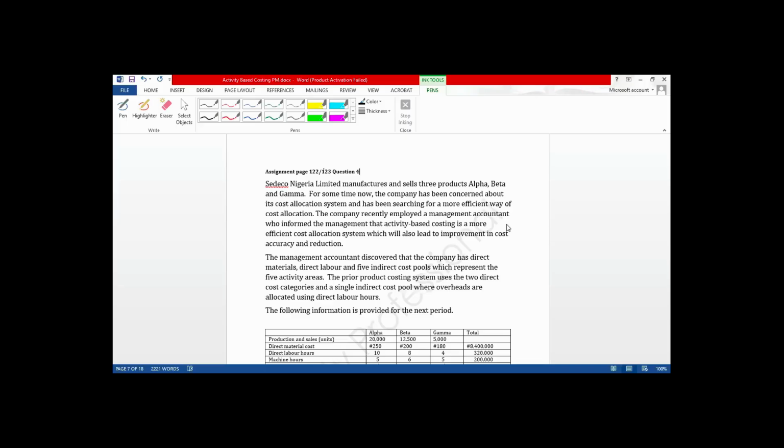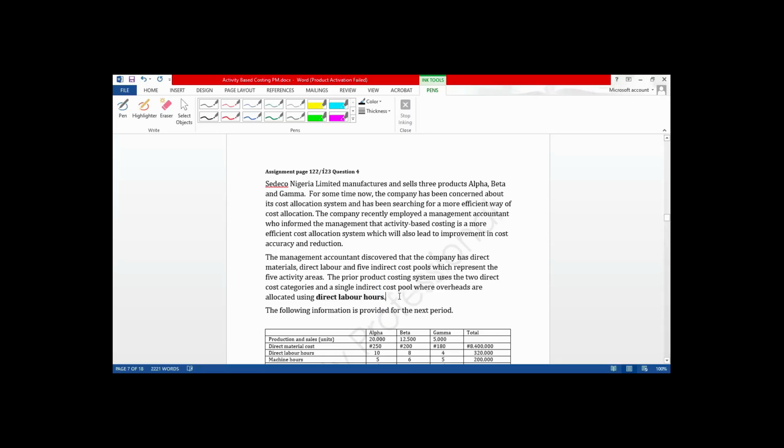Can you see that? The prior product costing. Under the prior product costing, overhead are allocated using, look at it please, direct labor hour.